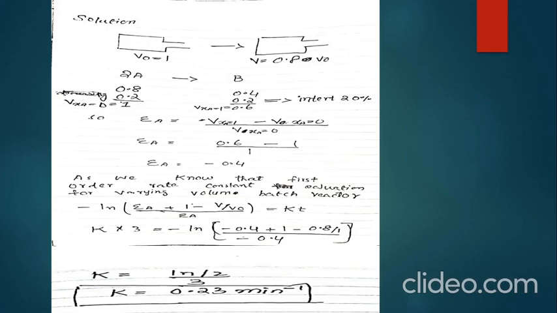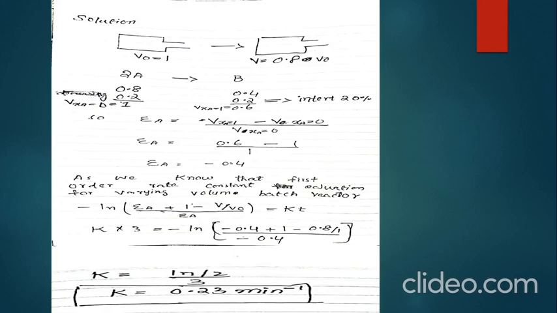As we know, the first order rate constant equation for a varying volume batch reactor is minus ln of (epsilon A plus 1 minus V over V naught) over epsilon A, equal to kt.